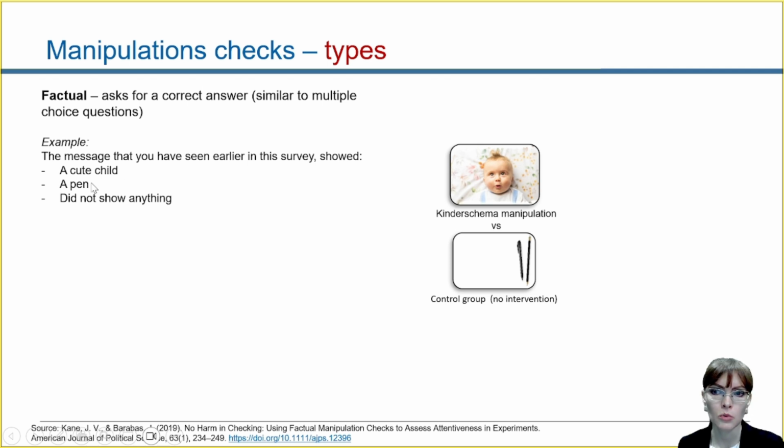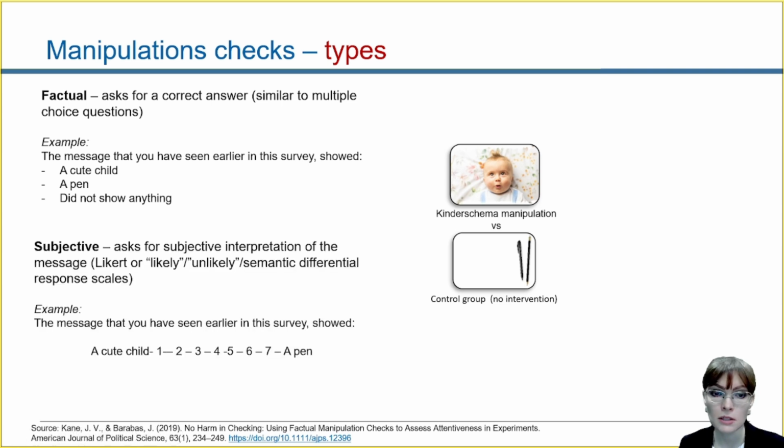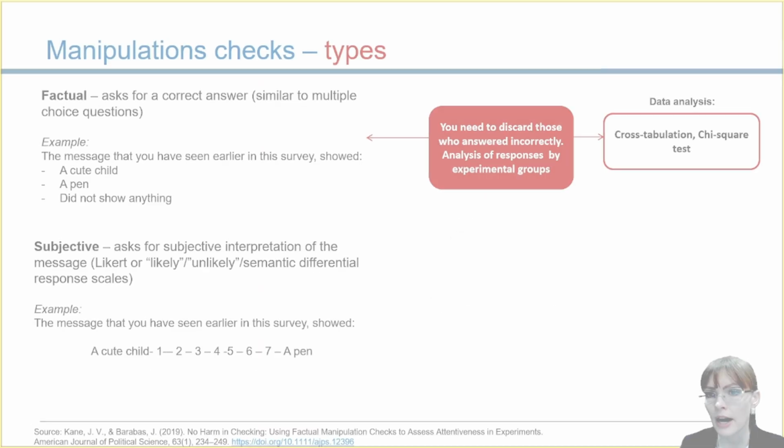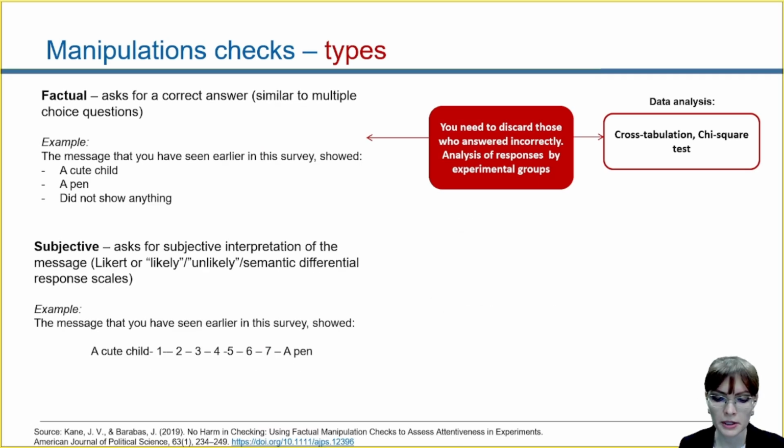Now, if you do not want to put the word cute, you can just say a child. If you do not want to use the last answer option, did not show anything, you can exclude it. The subjective manipulation check in this case would anchor each of the answer options for your manipulations on different sides of the ordinal scale.